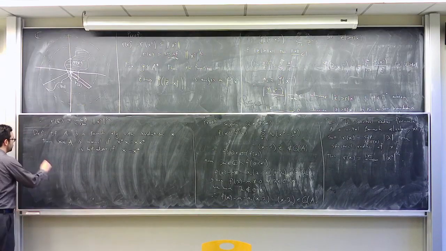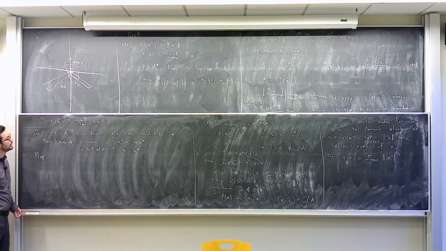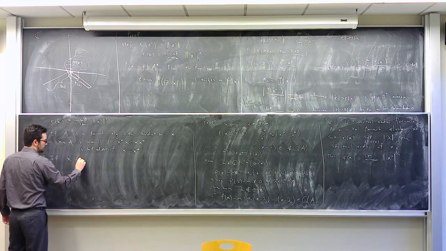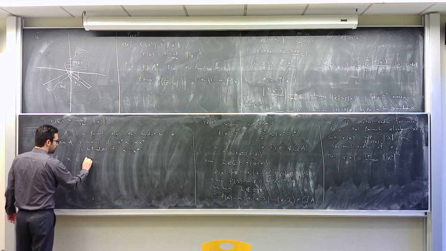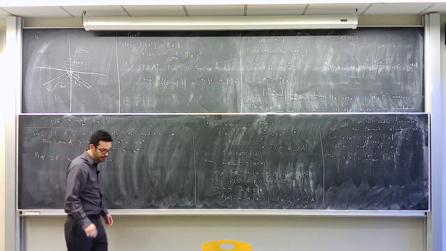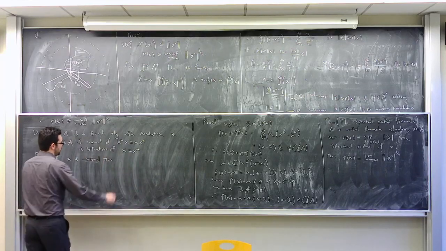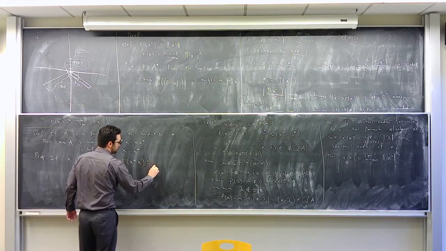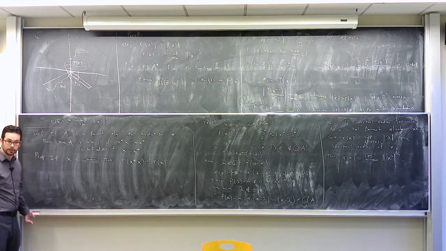And now we have the following consequence of the spectral radius formula, and that is that if x is self-adjoint, or if x is normal, then we get that the spectral radius of x star x is bounded by the spectral radius of x squared.